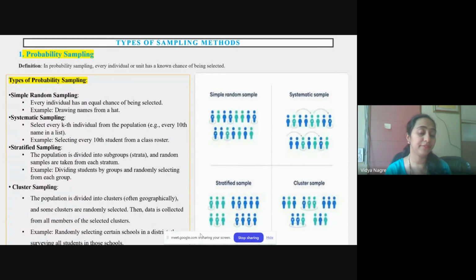Then comes stratified sampling. The population is divided into subgroups or strata. Random samples are taken from each stratum, dividing students by groups or randomly selecting from each group. So what you do, first of all, you divide them into different strata. For example, according to gender. First you divide male, female.